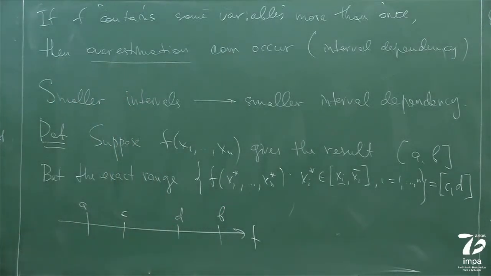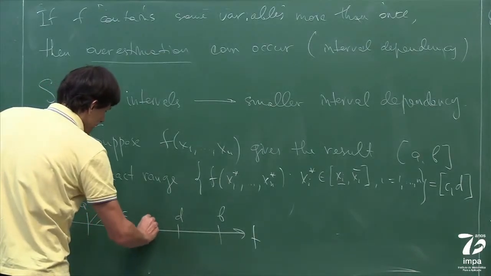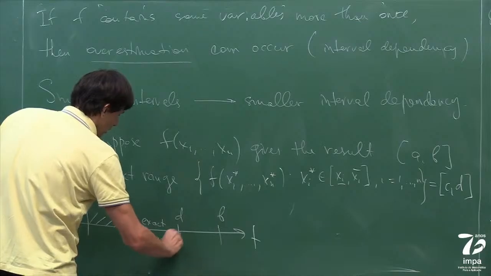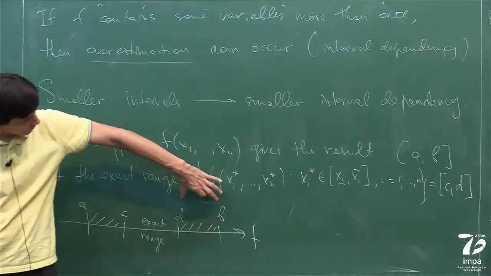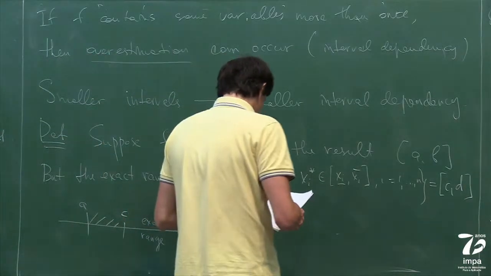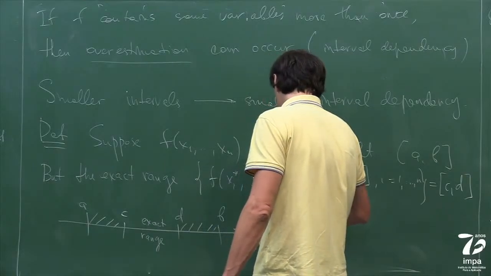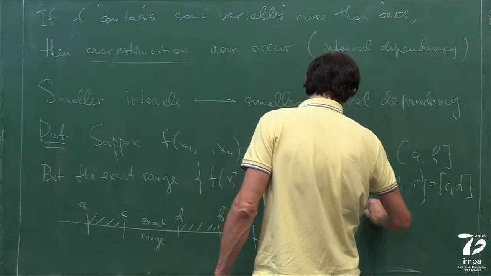So there is an excess. This is the exact range, and there is an excess. It is the two intervals between A and C, and D and B. So this is exactly what we want, so we define the excess.